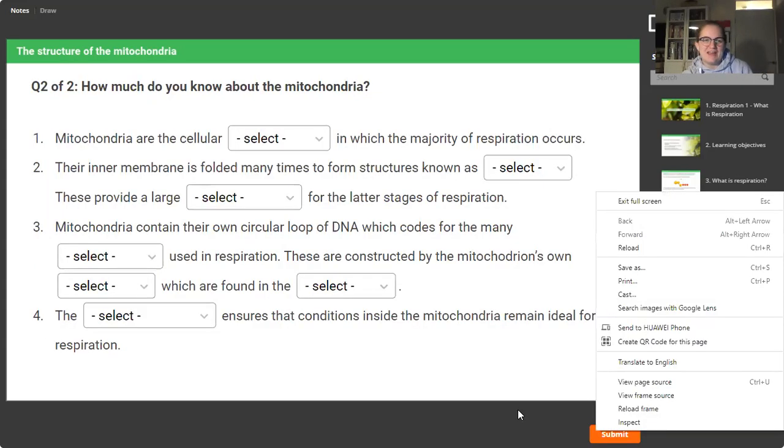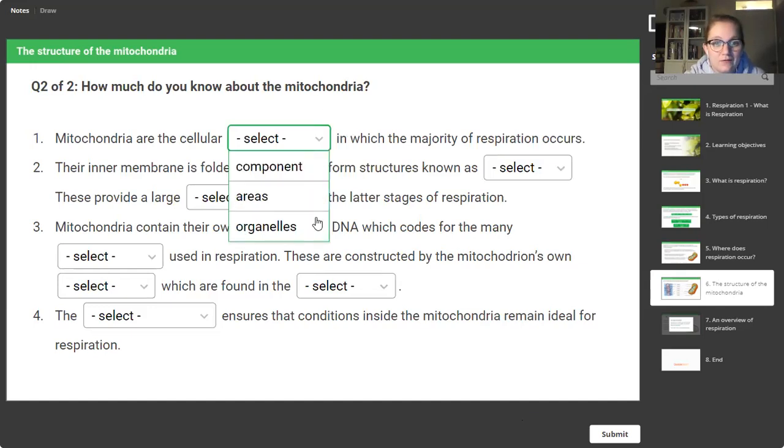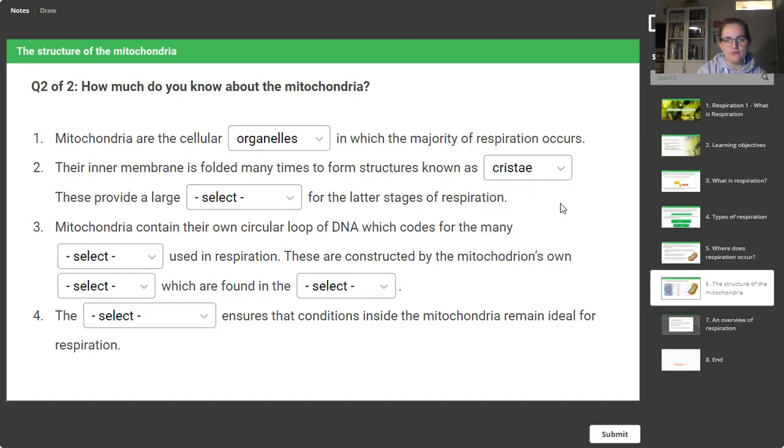So, mitochondria, again, how much do we know about them? Mitochondria are the cellular organelles in which the majority of respiration occurs. The inner membrane is folded many times to form structures known as cristae. So that inner membrane that's folded, think back to GCSE, we call that inner folding of the membrane cristae.